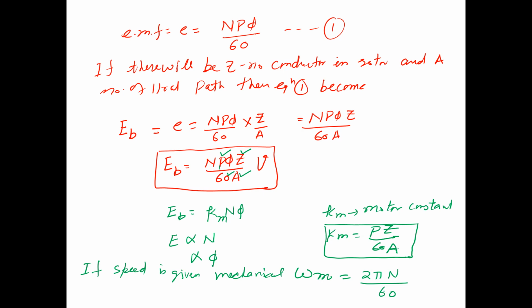So this N by 60 is replaced, and the equation can be written as omega of m P phi Z divided by A. This is also our EMF equation if it is given in mechanical speed, but it largely depends upon the speed of the rotor and the flux developed by the field winding of the stator, because in a DC motor the field winding is in the stator.